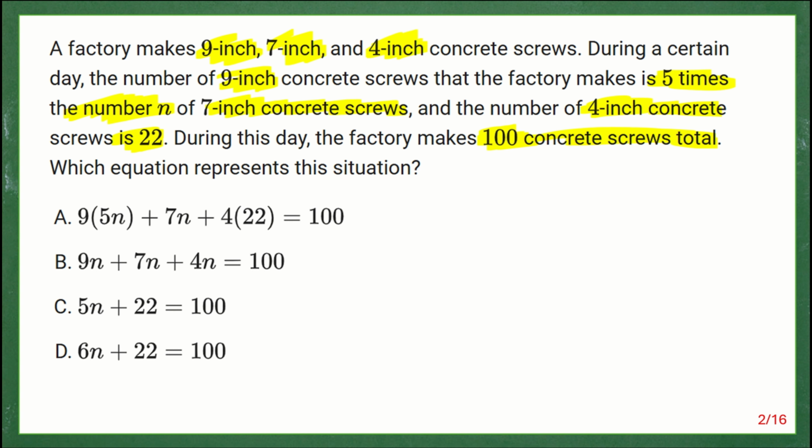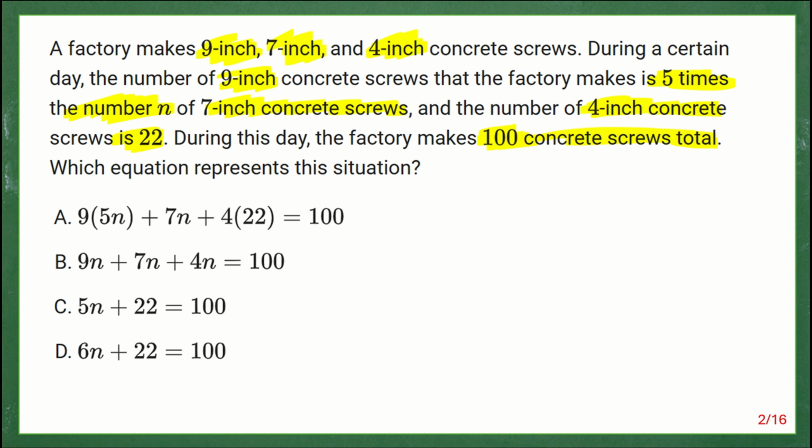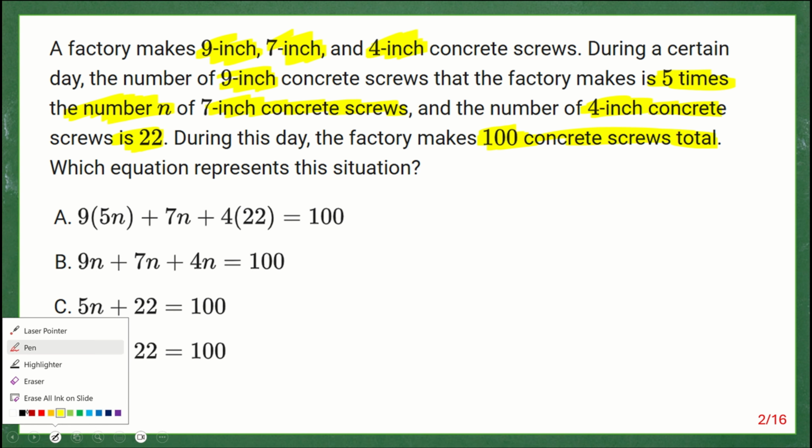So basically we have a factory that on a particular day makes 100 concrete screws, and they are of three different types. One of them is 9-inch, the other one is 7-inch, and the other 4-inch in length. And we have to figure out an expression that represents this scenario here. So let's dive into it and see how we can solve this.